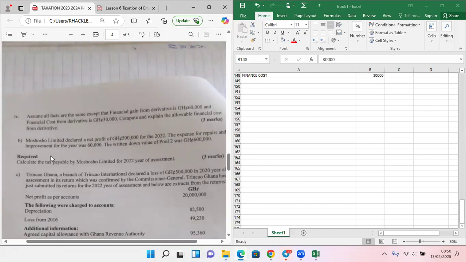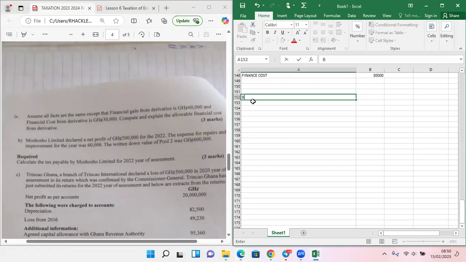Now they are saying we should calculate the tax payable by Social Limited. Start with the net profit, $500,000.